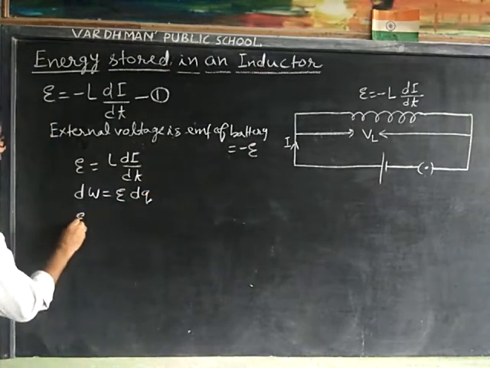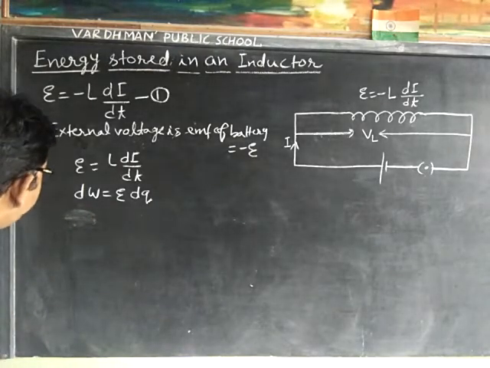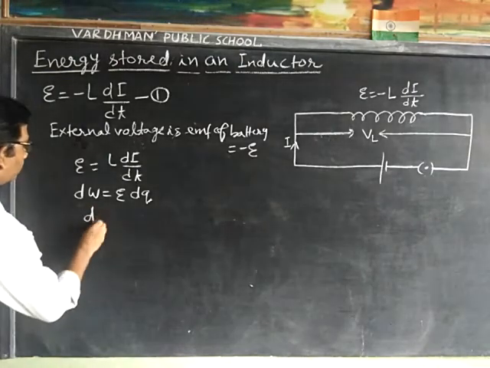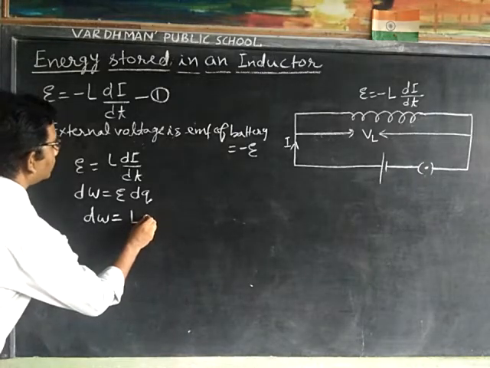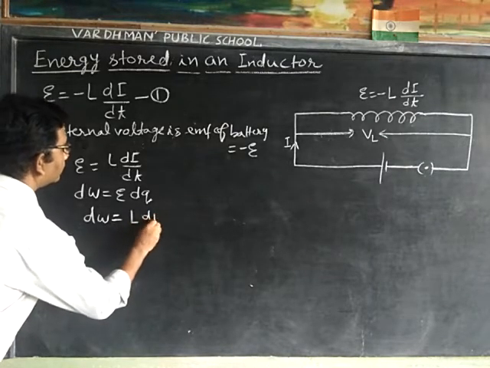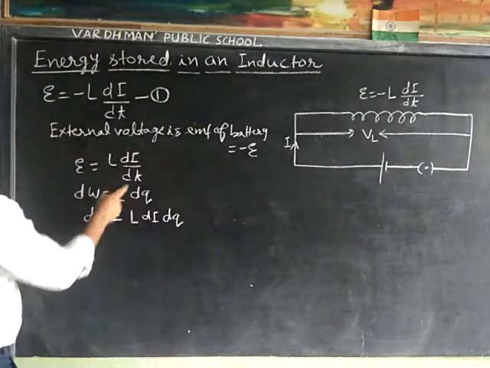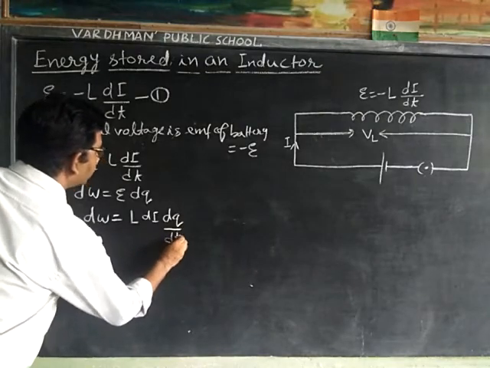That is, dw is equal to L di upon dt times dq.